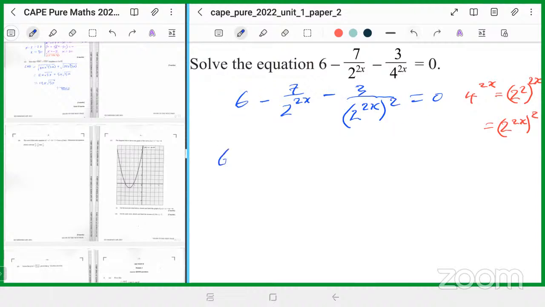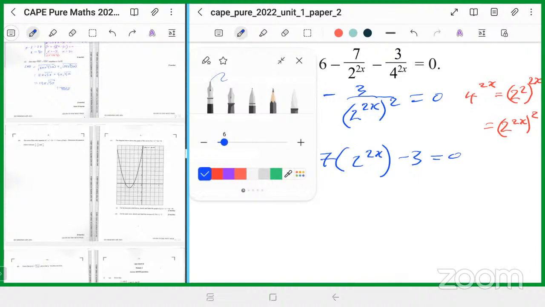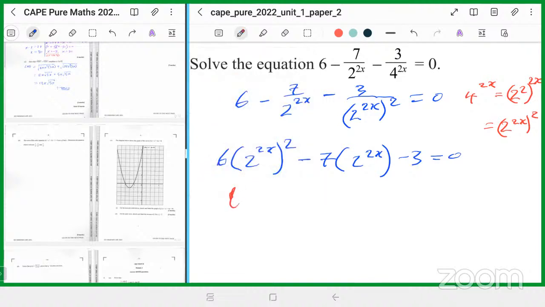So I'm going to get 6 bracket 2 to the 2x squared. Multiply this by it, I'm going to get minus 7 times it. Multiply this by it, I'm going to just get negative 3 equals 0. So it's become a quadratic in 2 to the 2x, same as 6y squared minus 7y minus 3 equals 0. All right, so the y is 2 to the 2x.